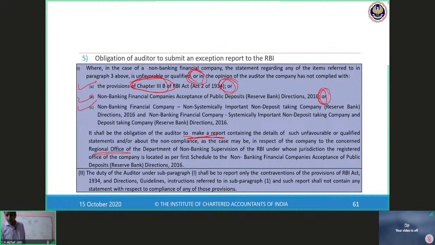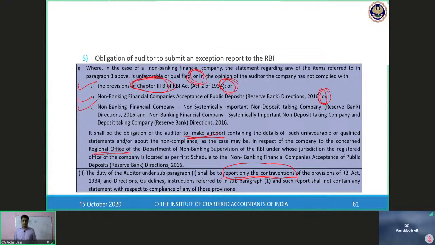The duty of the auditor under this point number first shall be to report only the contraventions. He will be reporting only the contraventions. And such report shall not contain any statement with respect to compliance of any of those provisions. So the requirement on the part of the auditor is not to then send a checklist to RBI.